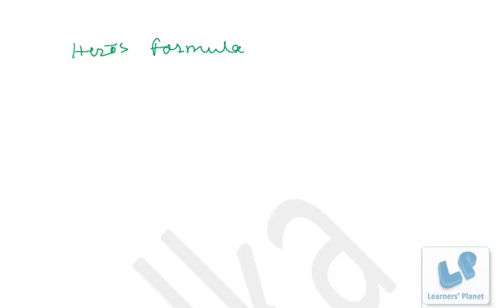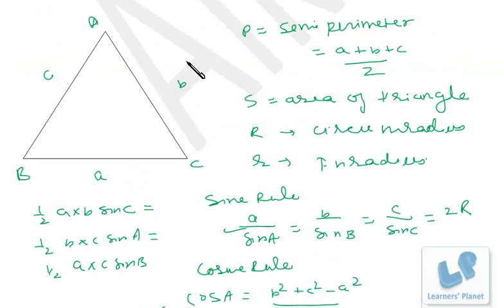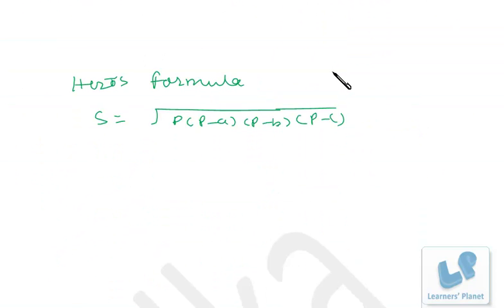So S, that is the area of any triangle, is equal to root of P(P minus A)(P minus B)(P minus C), where P is the semi-perimeter that we have just discussed, right? First of all you need to calculate P, then put the values of A, B, C, and you'll be able to get the area of that triangle, right?